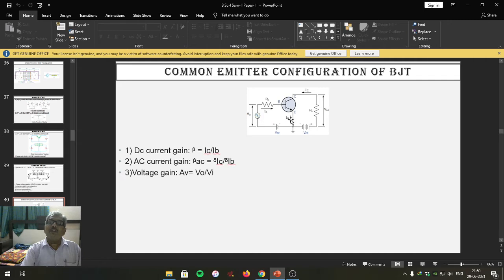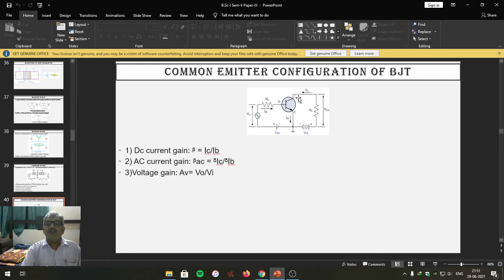According to that concept, here is the arrow, so this is the emitter terminal, this one is base, and this one is the collector. As the arrow is outward, the BJT used here is of NPN type, meaning emitter is N type, base is P type, and collector is N type.